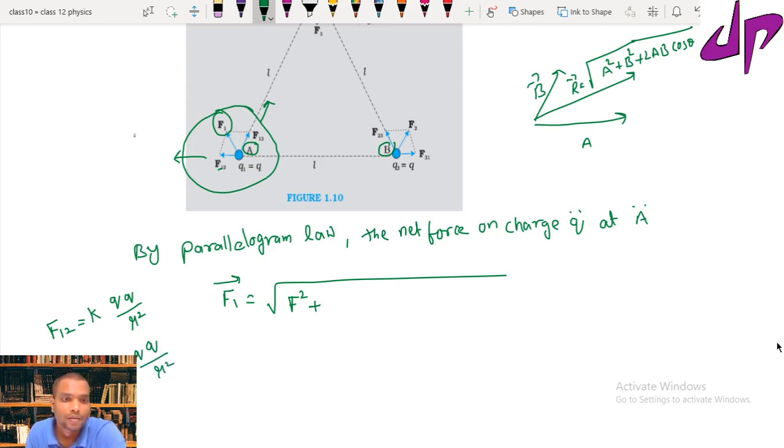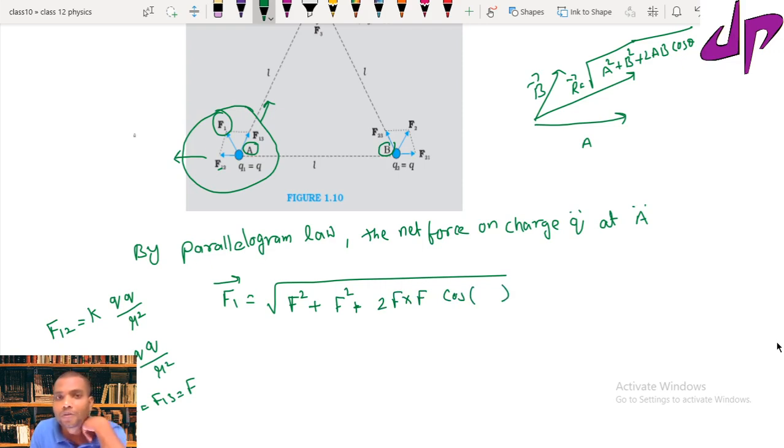So let F12 equal F13 equal F. So F square plus F square plus 2 times F times F cos theta.